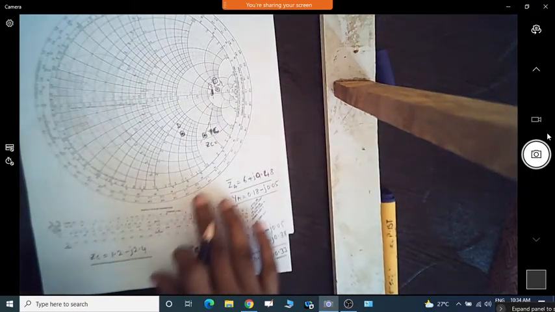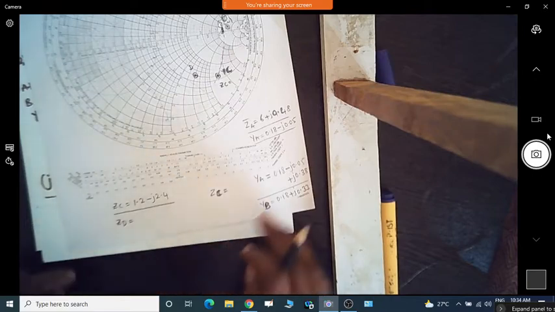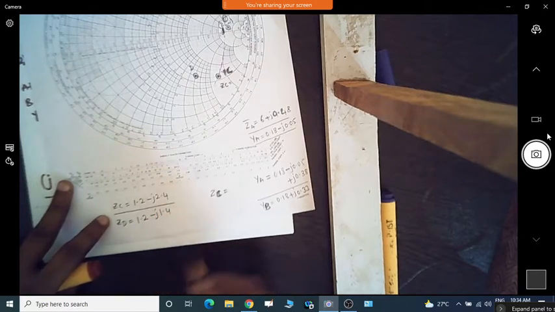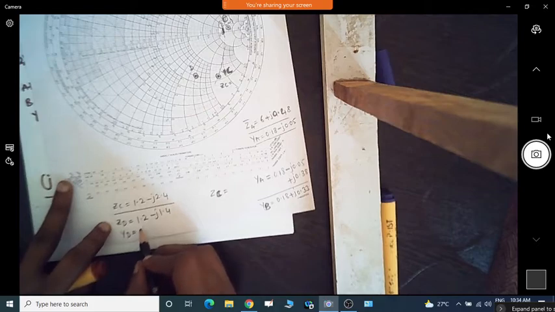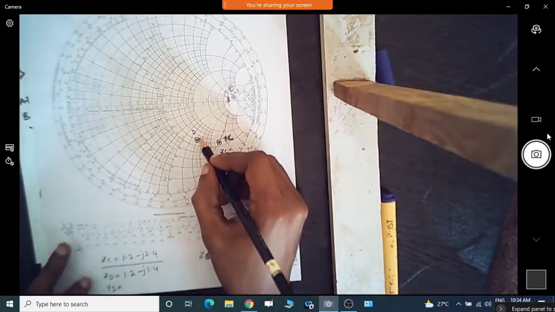We have found ZD, which is minus j1.4. Now at the same point D, we have to find the admittance value.